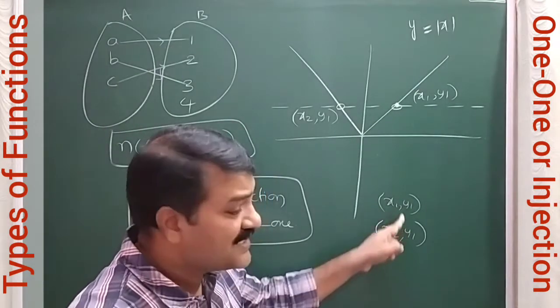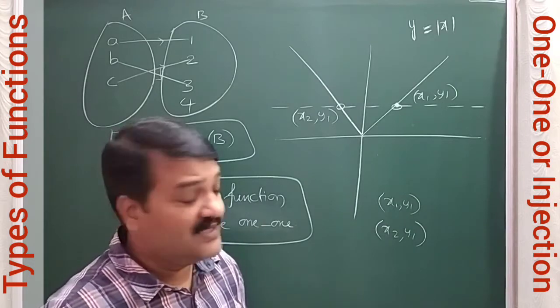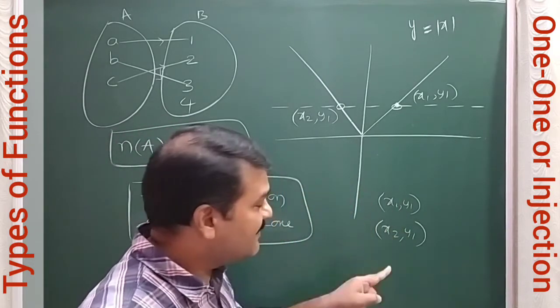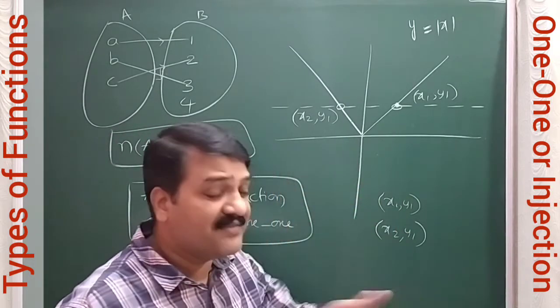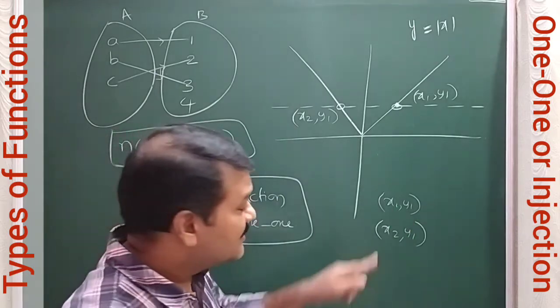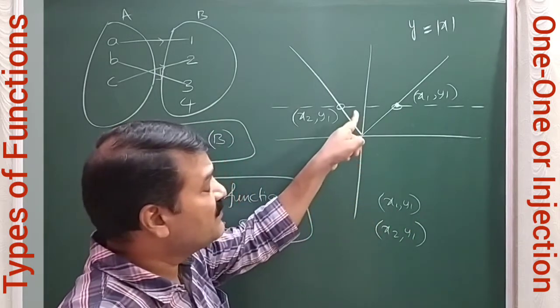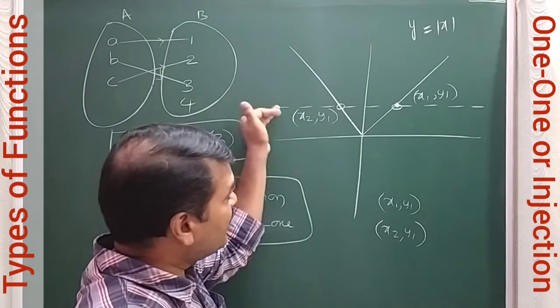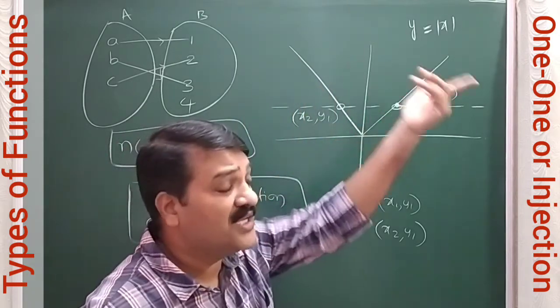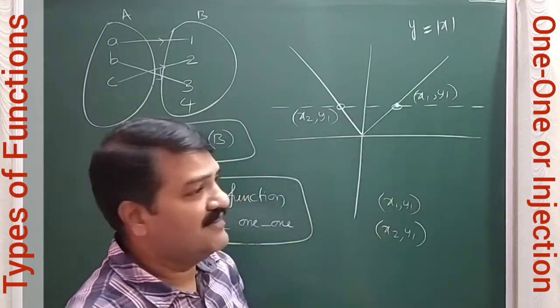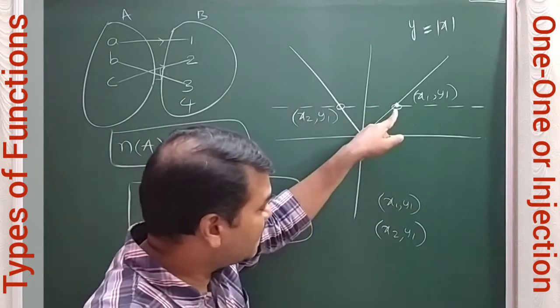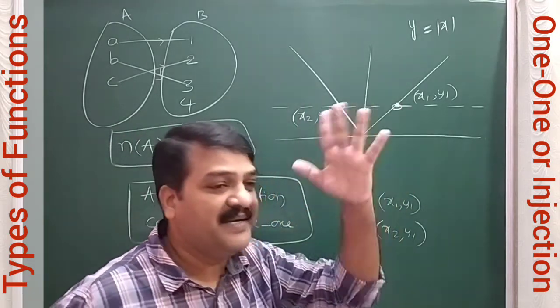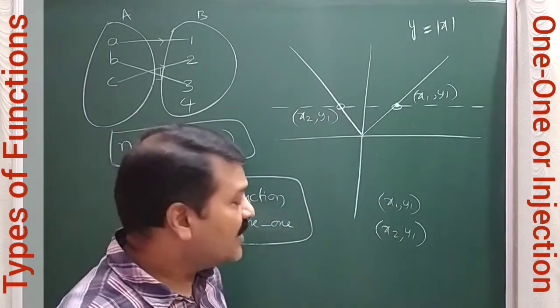The second coordinate is repeating. And we have discussed earlier that if the second coordinate is repeating, the function is not 1-1. This is the reason why a horizontal line cutting more than once means it is not 1-1. If it cuts more than once, your second coordinate will definitely repeat.